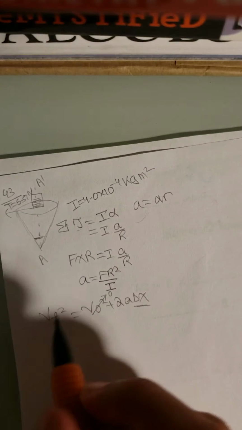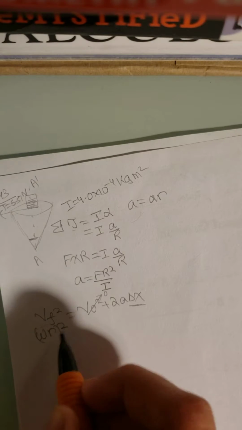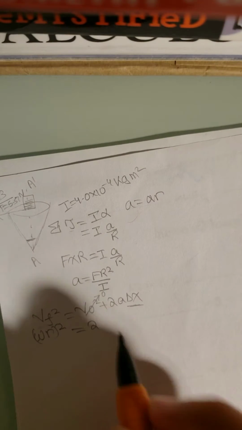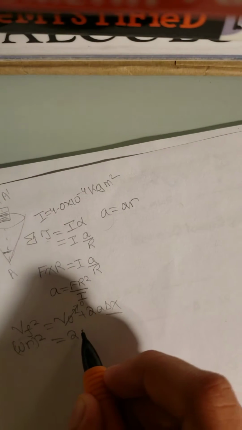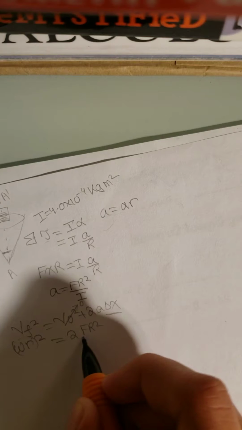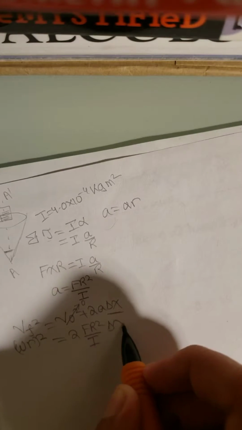So before we do anything with this, however, let's change our v final into its angular component. So that would be omega r squared times 2. Instead of alpha, we'll use the expression we got for acceleration up here, which is 2 F r squared over I delta x.